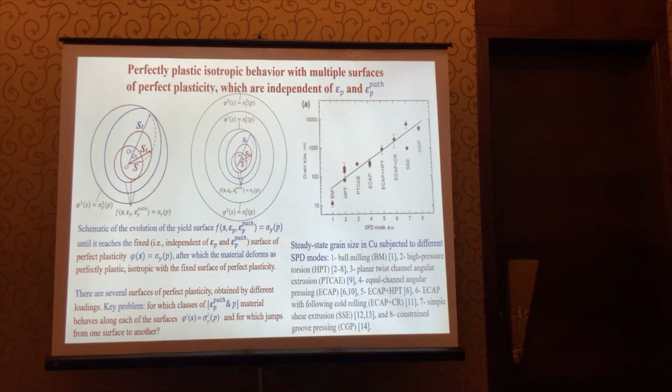I don't know the answer, but if we have it, then we will be able to explain why in different technologies like high pressure torsion, ball milling, different extrusions, there is a different steady grain size, and what we need to change to reach the smallest grain size and highest dislocation density.